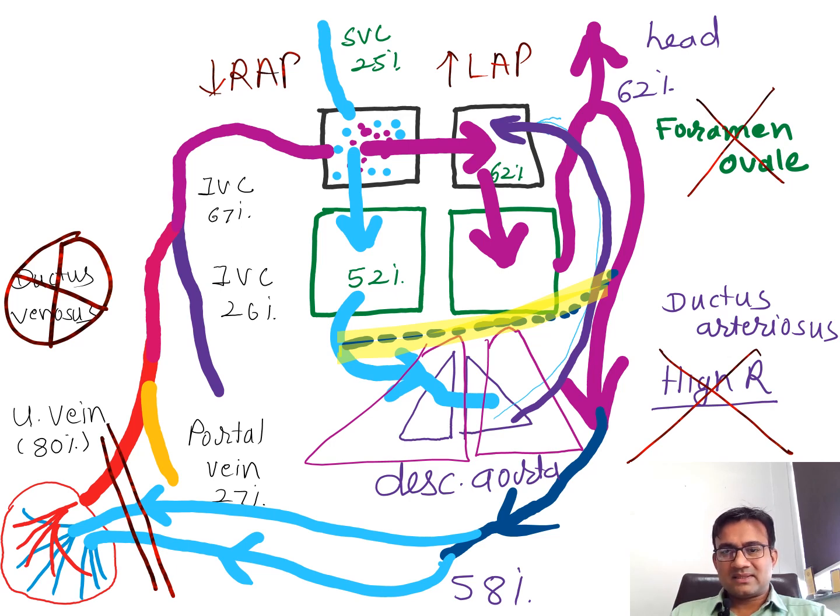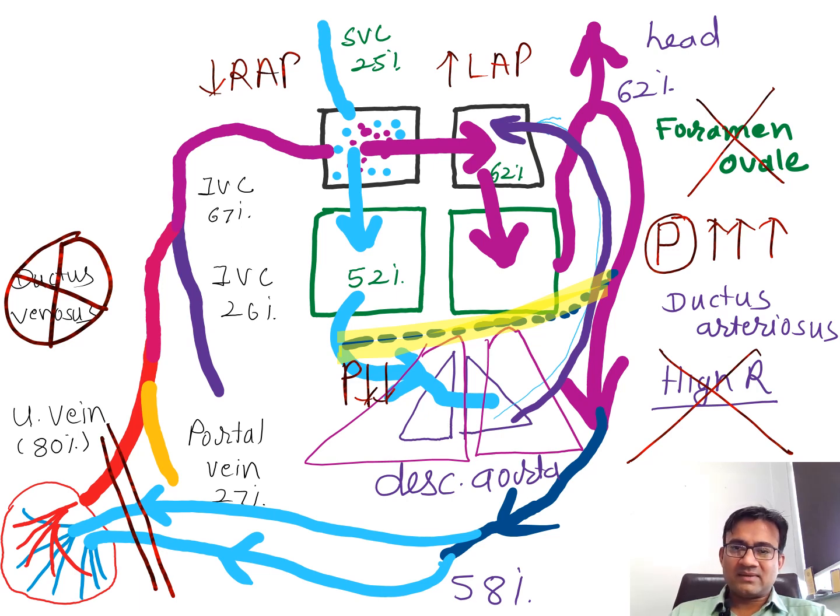Now the pulmonary pressure is going to decrease. So here the pressure in the aorta is going to increase. The reason we have already studied: systemic vascular resistance is going to increase because the umbilical vein has been cut. So pressure in the aorta is going to increase, and pressure in the pulmonary trunk is going to decrease. As a result, initially in the fetus the direction was from pulmonary trunk to aorta.